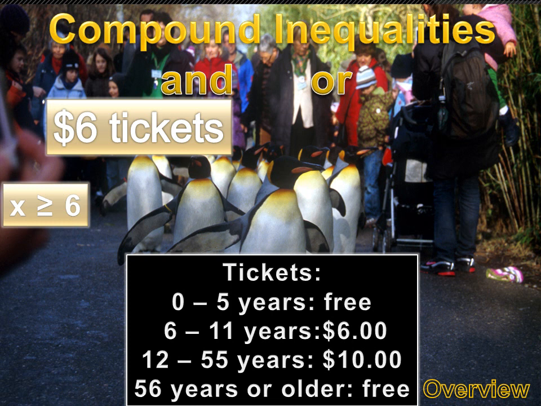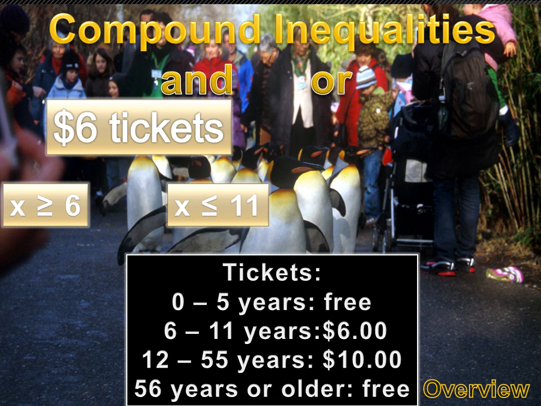But that wouldn't completely describe the ages that allowed me to get the $6 ticket. Once I got older than 11, the price went up to $10. So I'd also have to have X is less than or equal to 11.